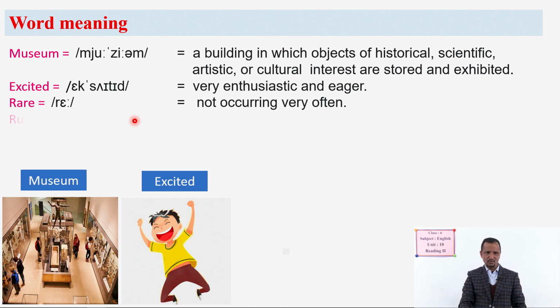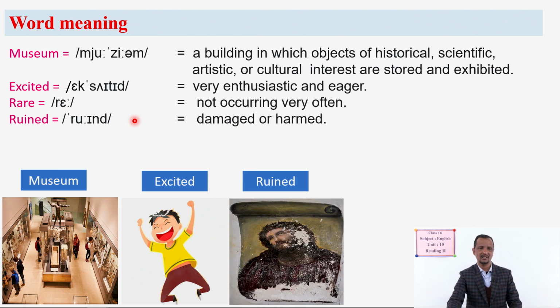Now, the next one, ruined. Let's see, ruined: damaged or harmed. Let's see this picture. This picture is damaged. How is it damaged? Tossing, throwing, not taking care properly. Then what happened? Damaged, ruined. Once, follow the pronunciation, okay? Ruined.